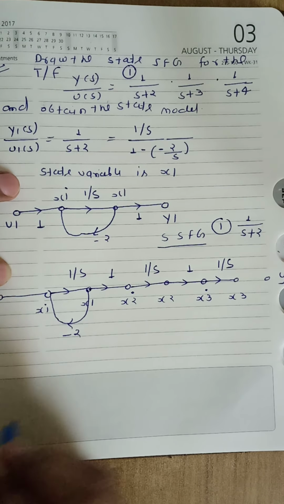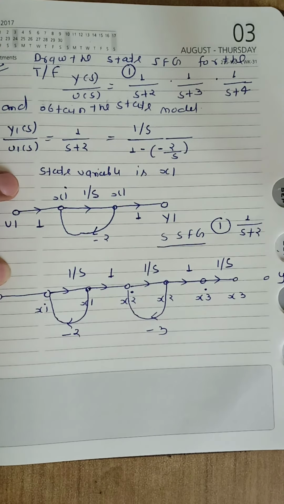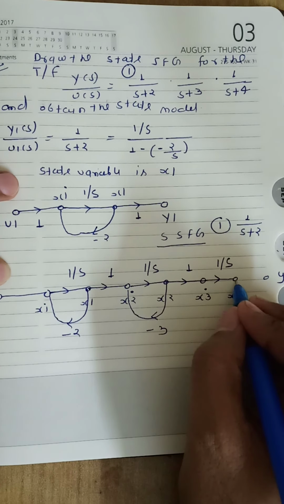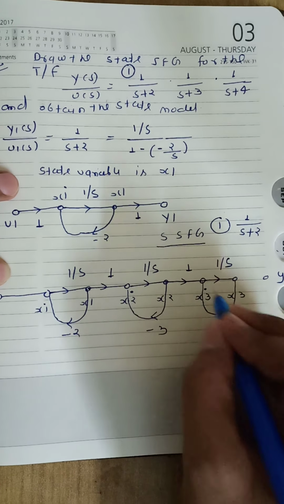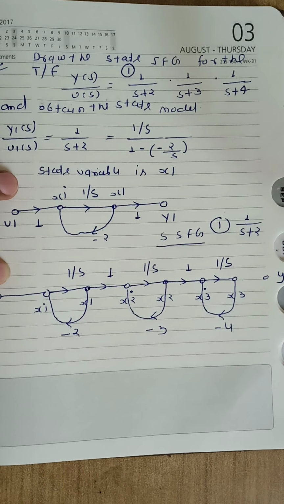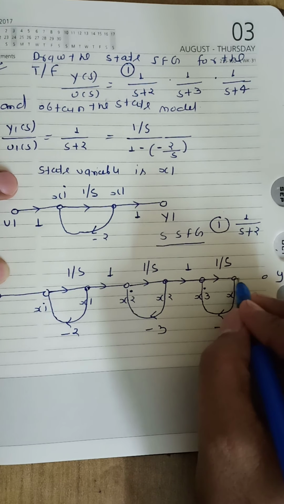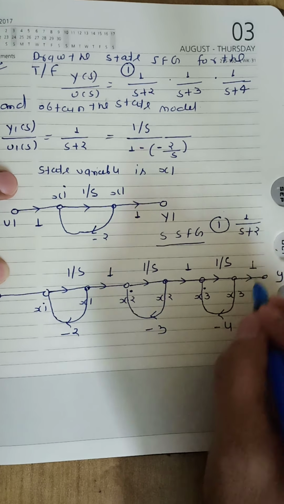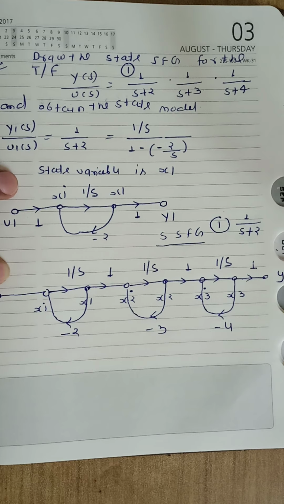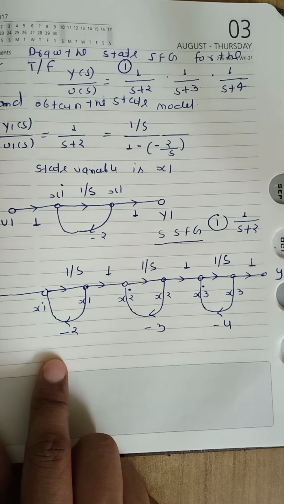For second transfer function, we have loop gain minus 3 by s. And for third transfer function, we have loop gain minus 4 by s. Similarly, between x3 and y, we have branch transmittance 1. So this is my state signal flow graph or a state diagram for the given transfer function.